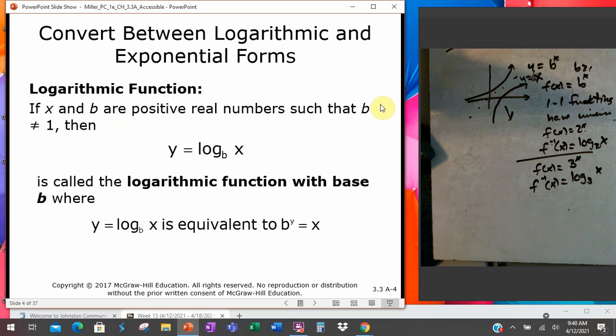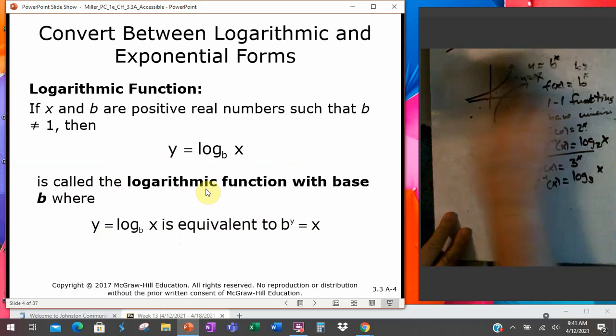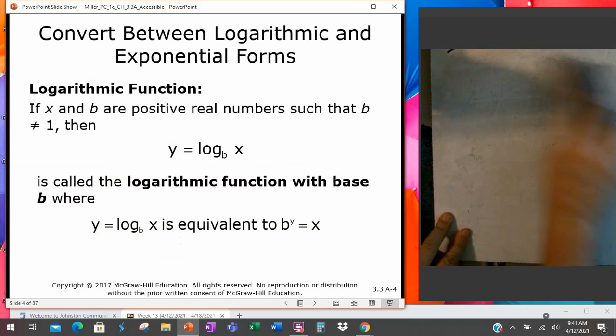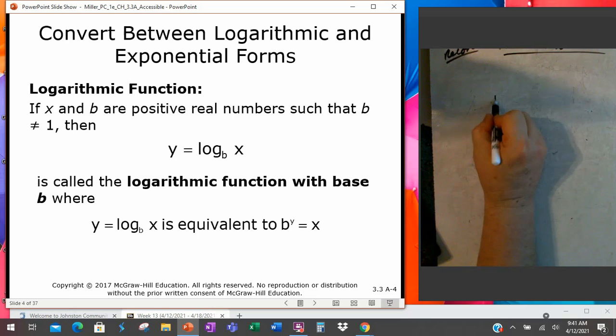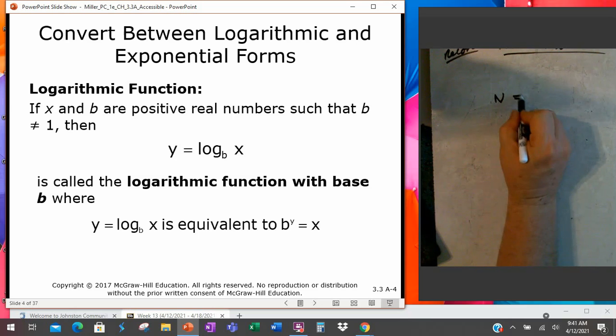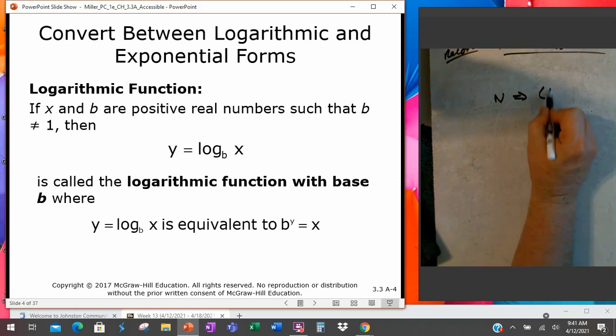If x and b are positive real numbers such that b is not equal to 1, then this function is called a logarithmic function with base b, and this is equivalent to b to the y equals x. So here are the inverses I'm swapping. The way I look at this is, I have some number I want to represent as some power of the base.